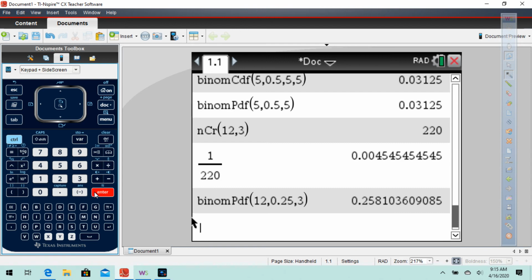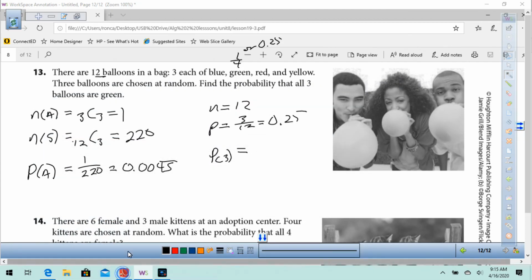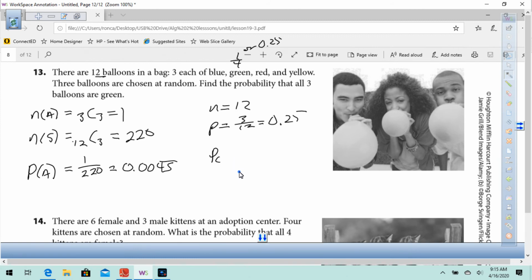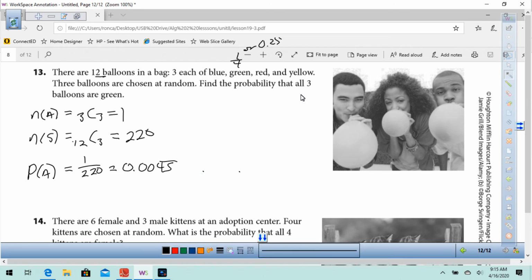Why did that not work right? Find the probability all 3 balloons are green. I guess you can't do it that way. You're going to have to do it this way here.